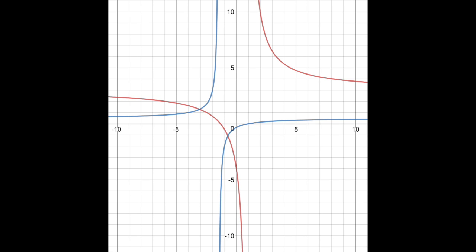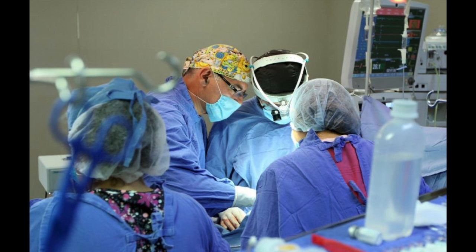To add to this, there's actually ways in which rational functions are used in real-life jobs. One example is that before surgery, a patient might be injected with some medication. When the concentration of the drug in the bloodstream is at a desired level, the operation will begin. You can model the concentration of the drug in the patient's bloodstream using a rational function.